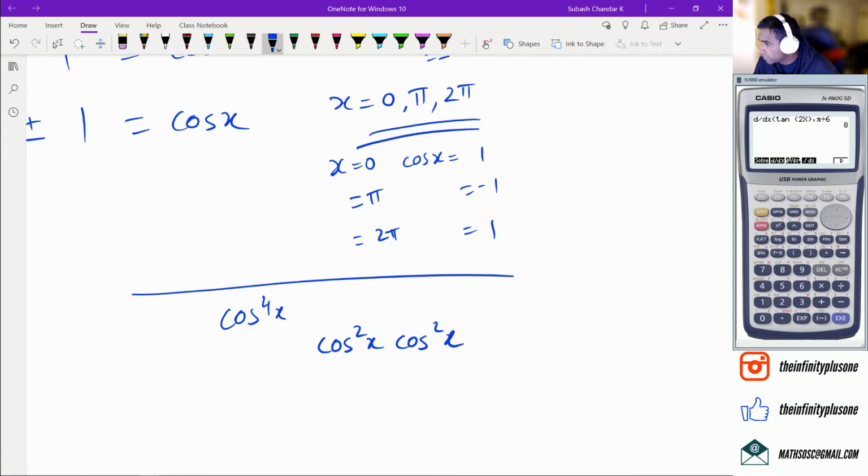Trig reduction formula. I've not seen that before. Wow. Yeah, no, I've not seen that formula being used at level 3 calc.